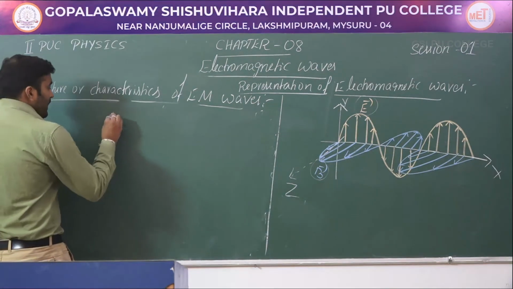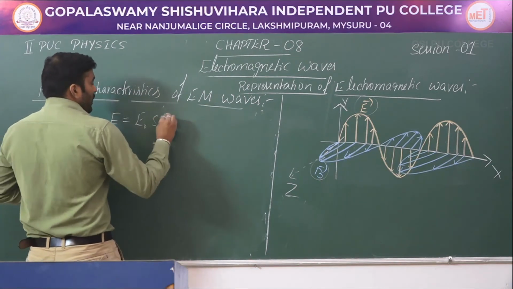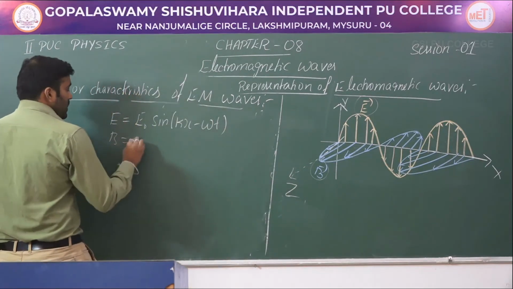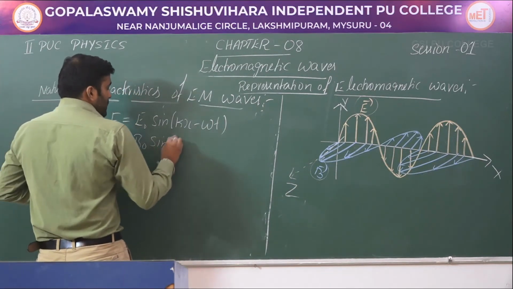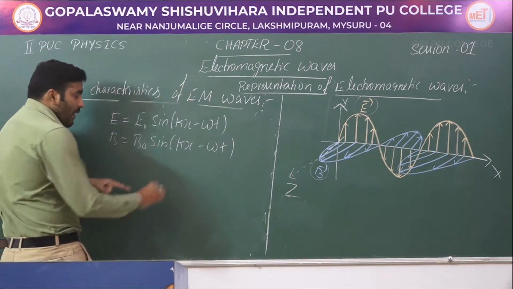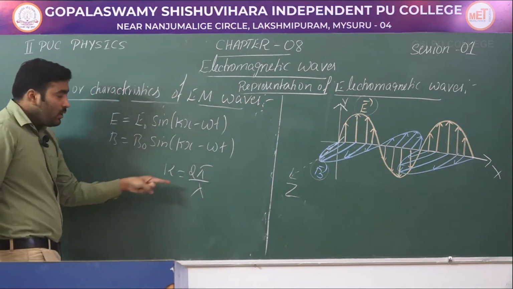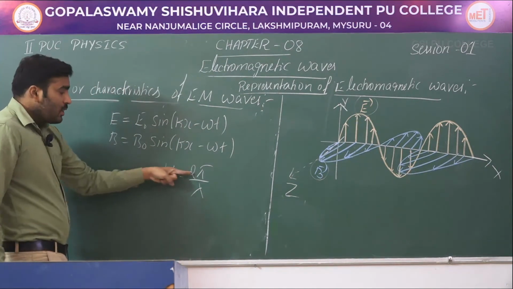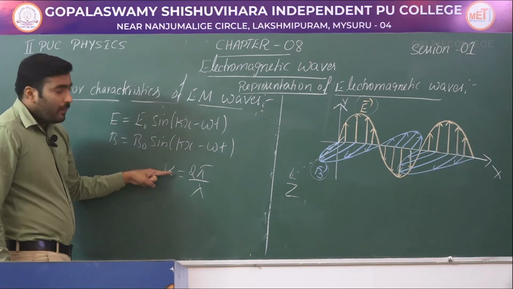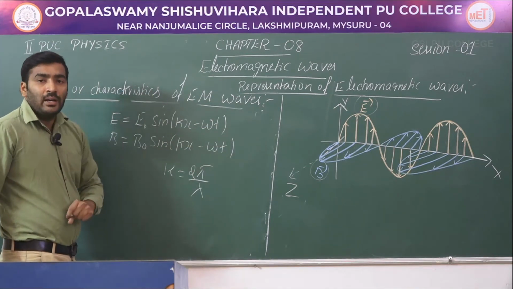Fine. So in this expression, E is equal to E naught sine of kx minus omega t and B is equal to B naught into sine of kx minus omega t. Here the value of k is equal to 2 pi by lambda, which is called the angular wave number, and this lambda is called the wavelength of the electromagnetic wave.